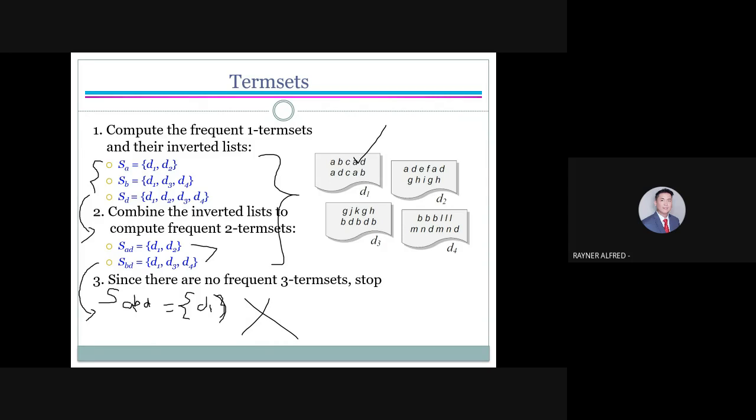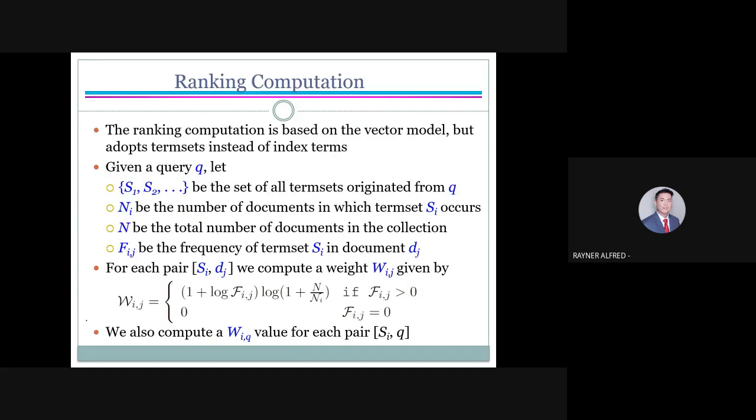Given a query, we want to rank the documents based on the term set. If we recall the previous lecture, we only computed the weightage for a single term. But this time, we are looking at the weightage of the term set, or set of terms.